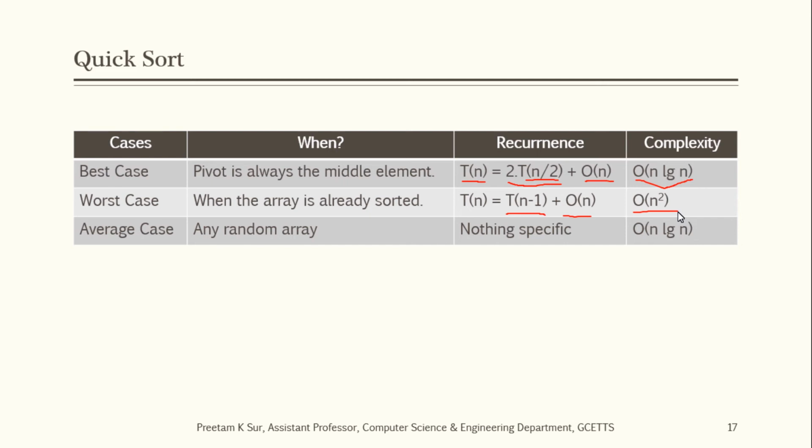So you can see that in the best case and in the average case, the quicksort takes order of n log n time, but in the worst case, when the array is already sorted, it is going to take order of n squared. You can think of it like that. If there are n elements in that array, it means that there are n factorial ways the array can have its arrangement, right?